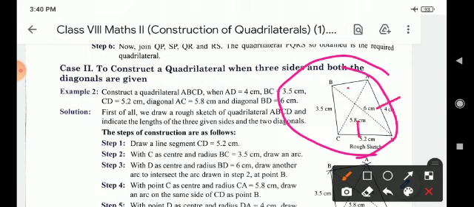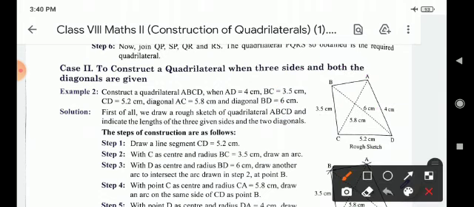Children, this is a side, this side, this side. AB, BC, CD and DA are sides of the quadrilateral, and AC and BD are diagonals of the quadrilateral.